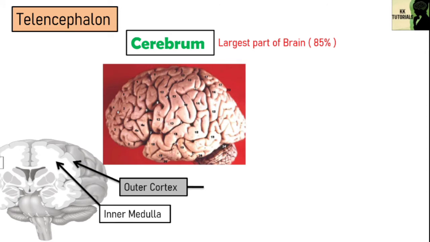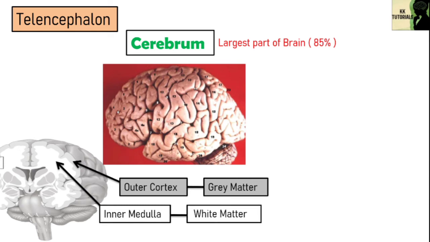Cerebral cortex has outer thin region composed of gray matter and inner medulla composed of white matter. The gray matter of cerebral cortex consists of cell bodies of billions of neurons, along with non-myelinated fibers and dendrons, whereas white matter mainly has axons of nerve cells.